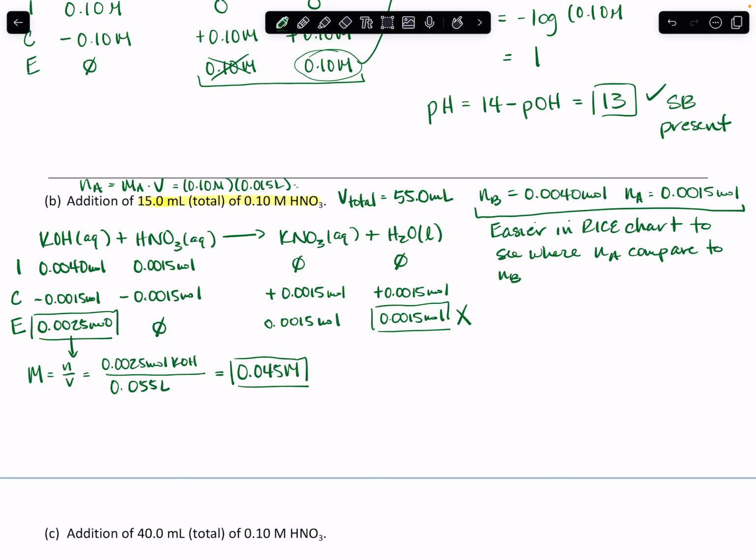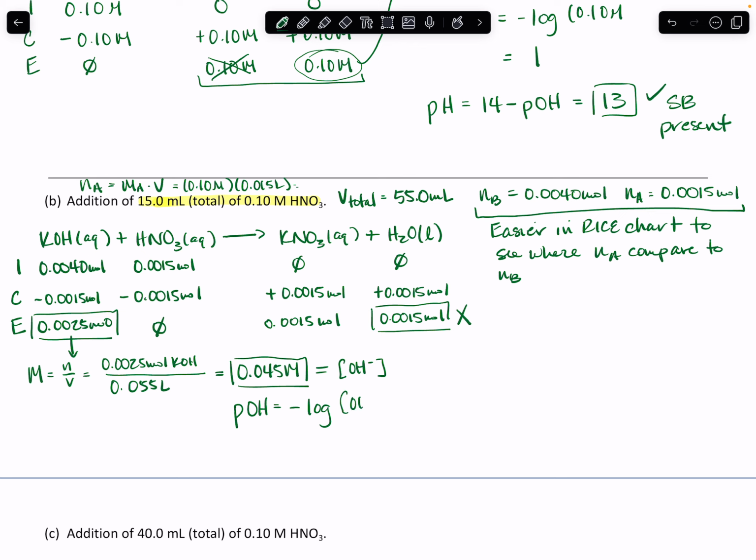Well, I know that KOH dissociates into K plus and OH minus 100%. So that means that this value is also equal to the concentration of hydroxide that is present. So I'm going to use that value to calculate the pOH of this solution.